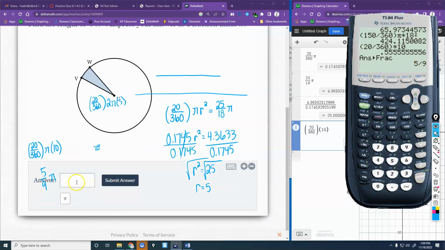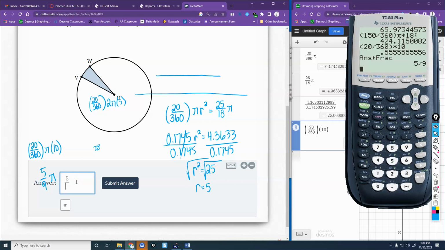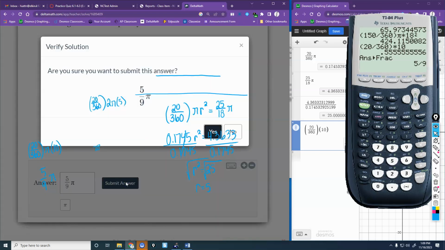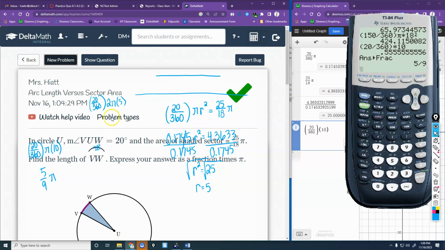So 5 over 9 pi, to type that in, you do 5 divided by 9, just the slash key is your division there, and then you'll multiply that by pi, and hopefully I got it right. Yes. So you're working backwards to get the radius, and then you're using that radius to find the other piece that it's asking you for.